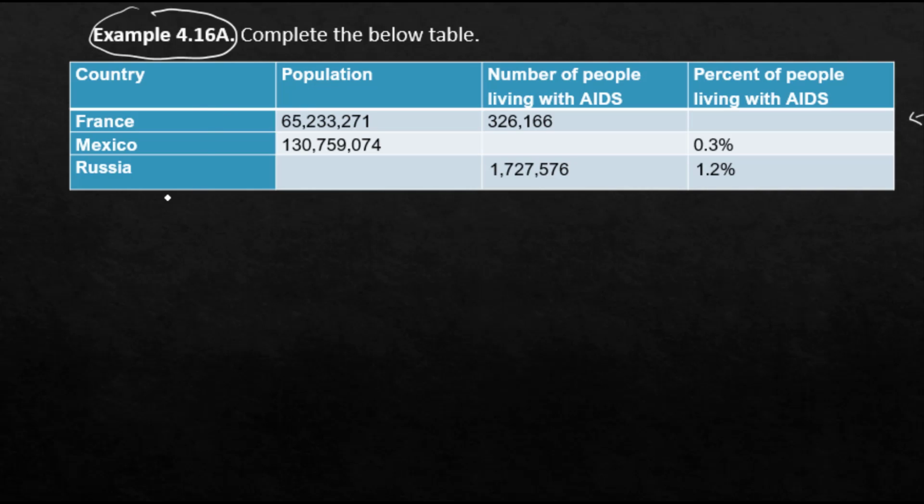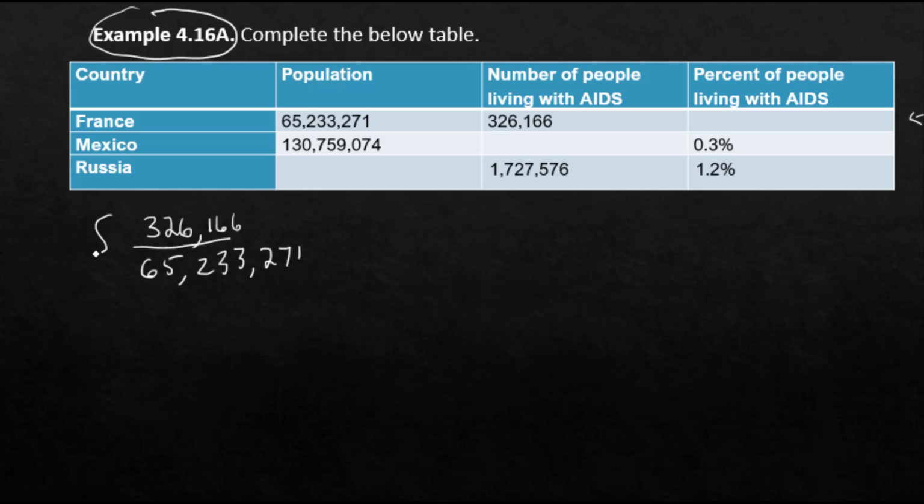So this is from the last section, really. Here's the ratio of people living with AIDS. It's 326,166 people living with AIDS out of a total of 65,233,271.